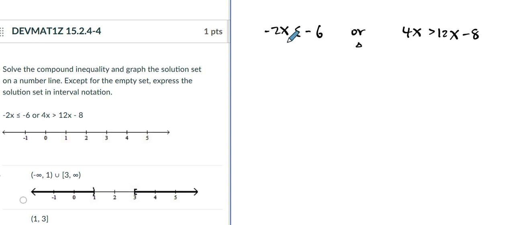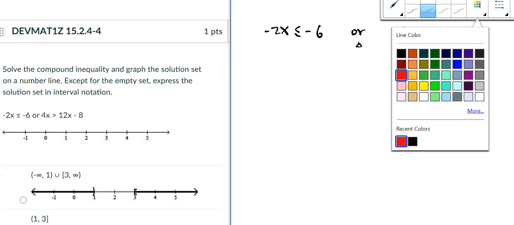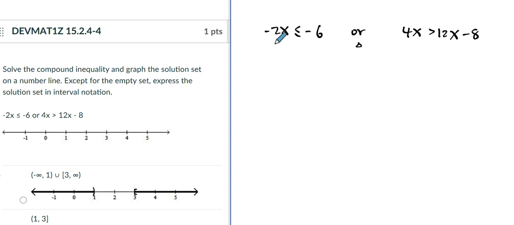So what we want to do is divide both sides by a negative number. Negative, negative, we get positive. So negative 2 divided by negative 2 is 1.